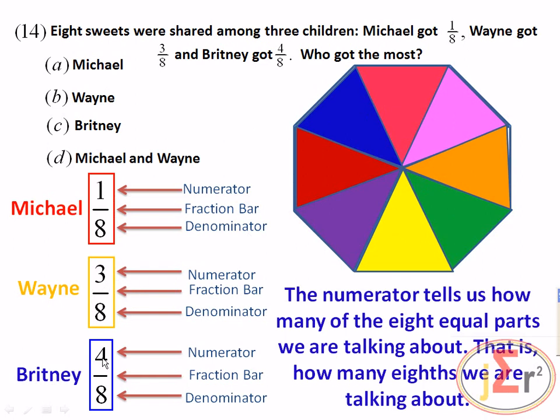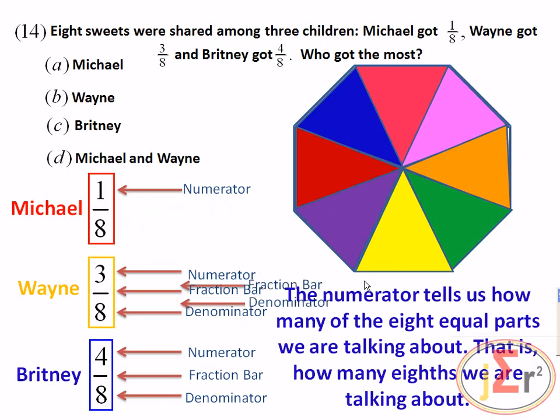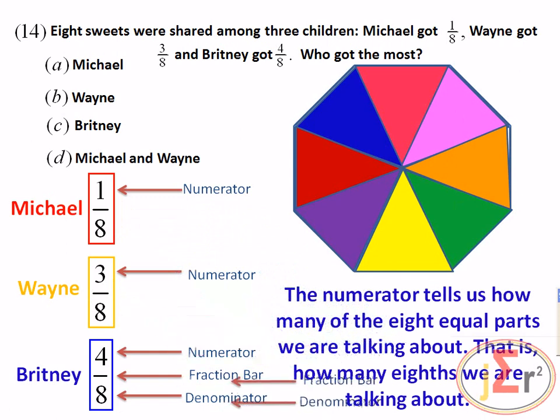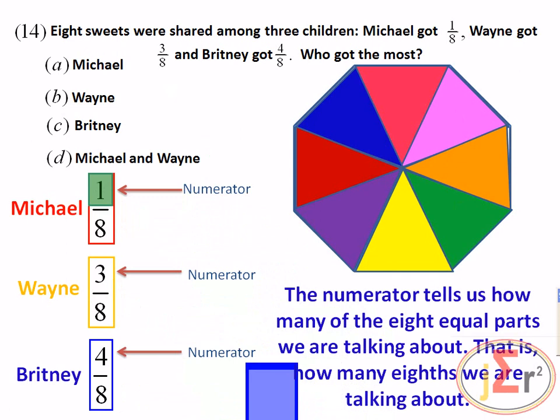And when we see 4/8, we are talking about 4 of those parts. And the denominator tells us how many of them in all. The numerator tells us how many of the 8 equal parts we are talking about. That is, how many eighths we are talking about. Because each one of those 8 equal parts is called an eighth.